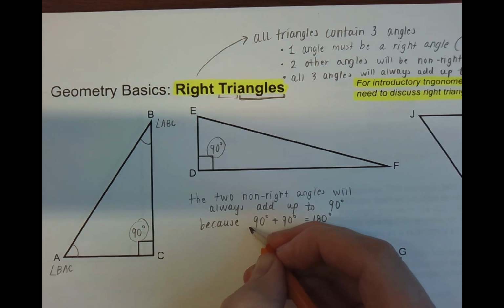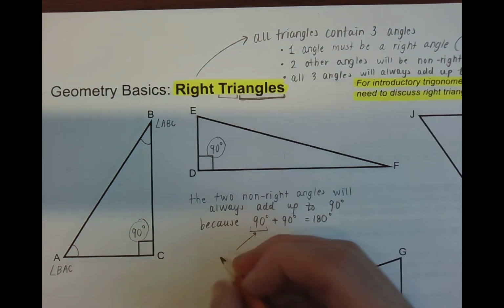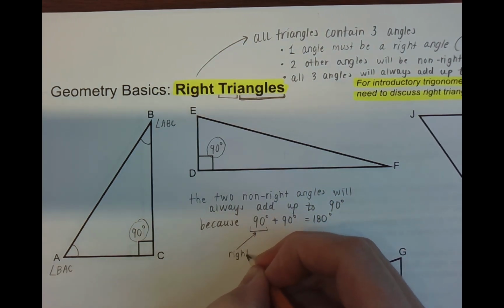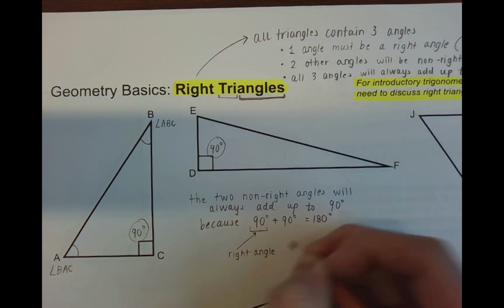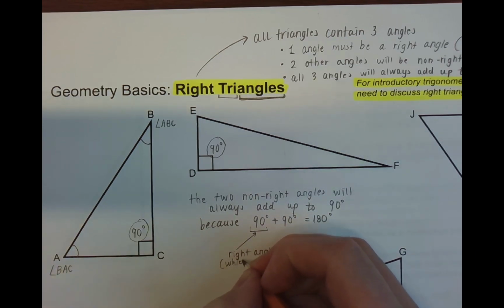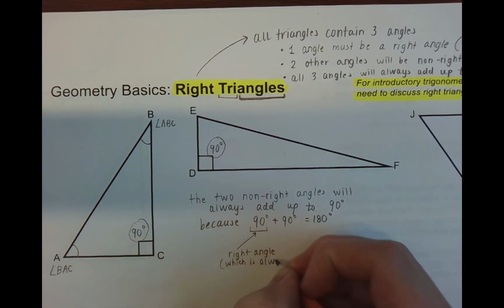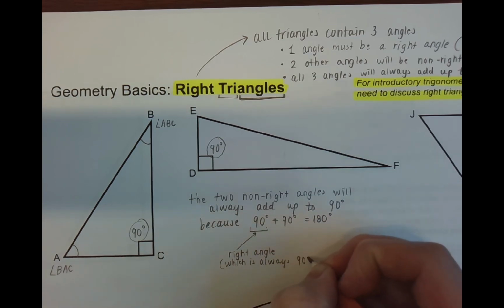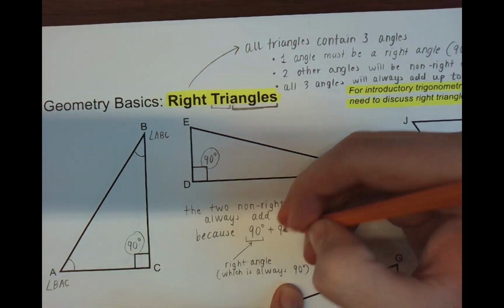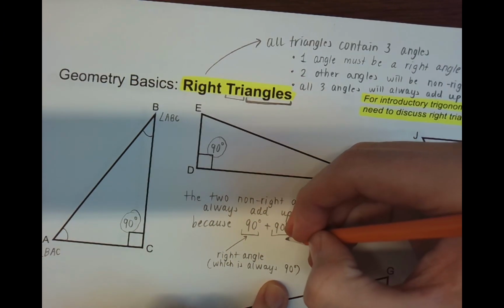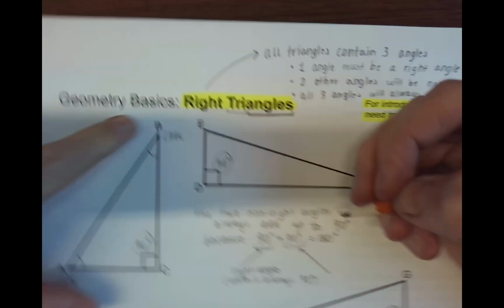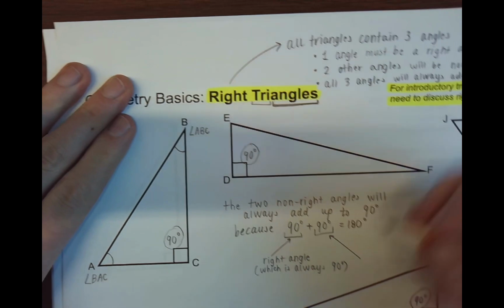This 90 is from the right angle, which is always 90 degrees, and this 90 degrees comes from the sum of the two non-right angles.